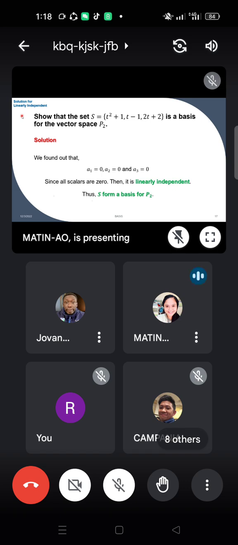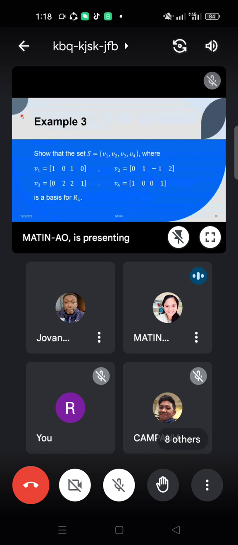Okay, next. So we have example 3. Show that the set S = {B1, B2, B3, B4}, where B1 is equal to (1, 0, 1, 0), B2 is (0, 1, -1, 2), B3 is (0, 2, 2, 1), and B4 is (1, 0, 0, 1), is a basis for R4.